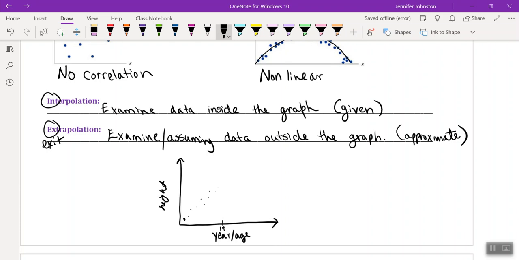All right, so we would draw a line of best fit, let's say, and then from there, say we want to find Gabby's height at 14. So we would look at where Gabby's height is, and she's 14 years old, and if this was all her data here, then we would say, oh, 14 years old, this is how tall Gabby should be.